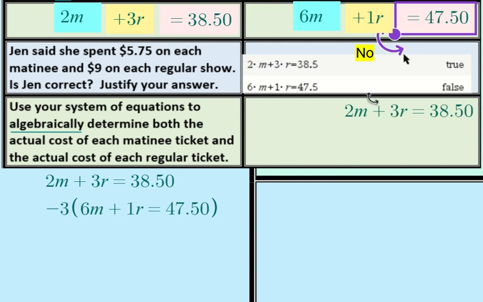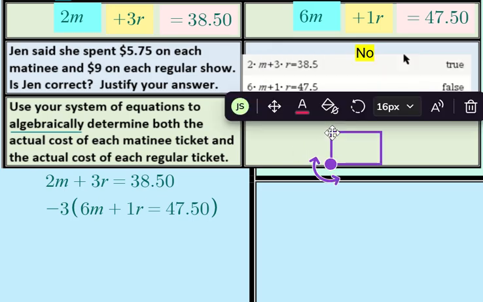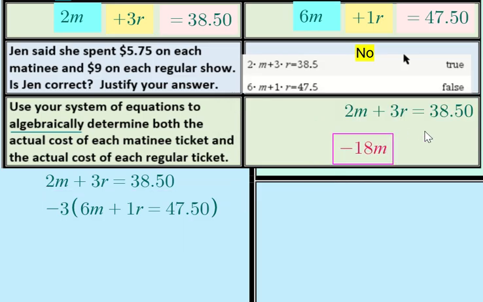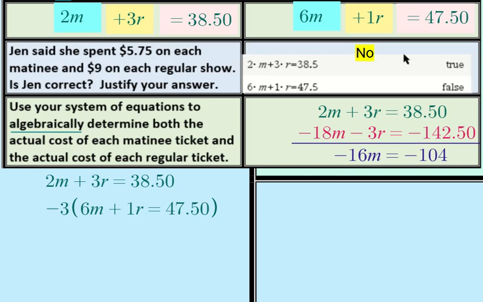So negative 3 times 6 is negative 18m. Negative 3 times r is what I want. It's negative 3r. And then I do negative 3 times 47.50. And our result is negative 142.50.